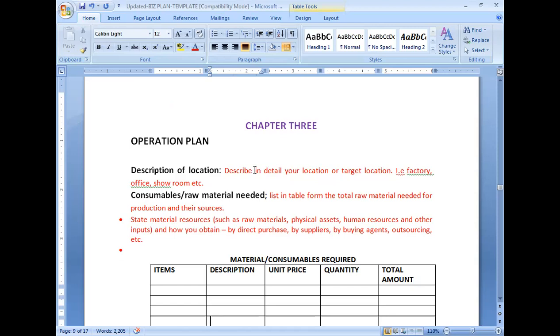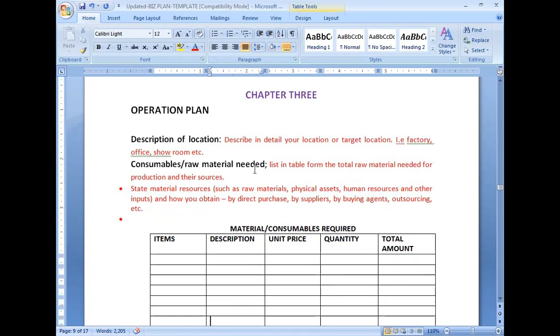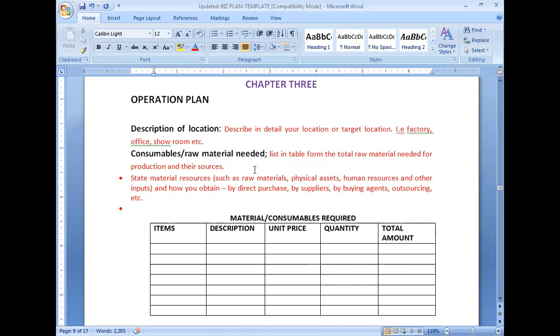Are you using a factory, a big factory space, a big hall, a 2-bedroom flat, a small shop? So you need to describe it. Like somebody who is into palm oil processing, your factory should be located very close to the raw material. Okay. Then the next is for you to now list the raw material or consumables that you need to produce or offer your service.